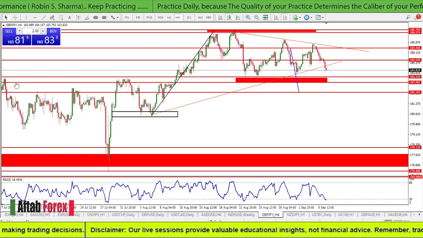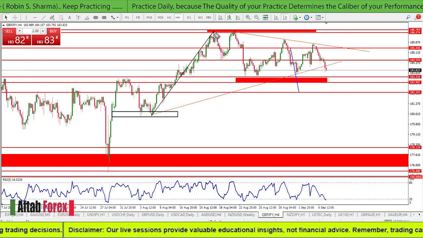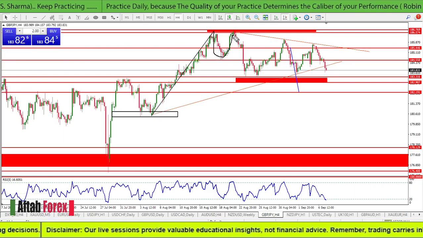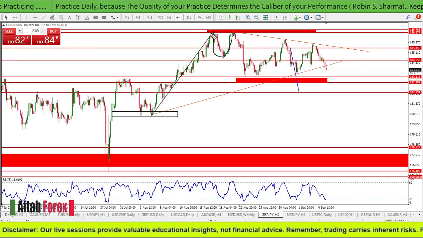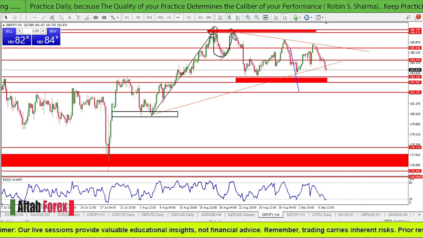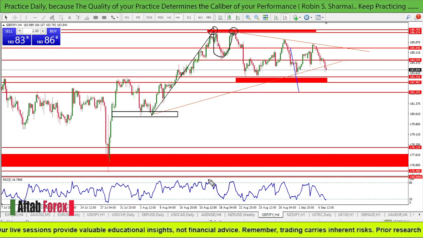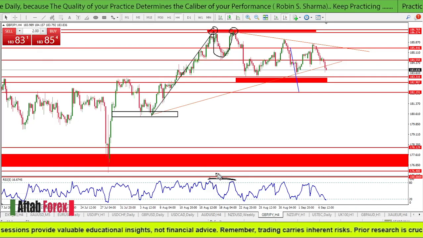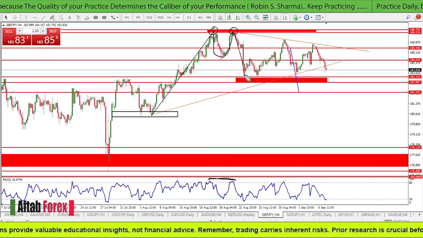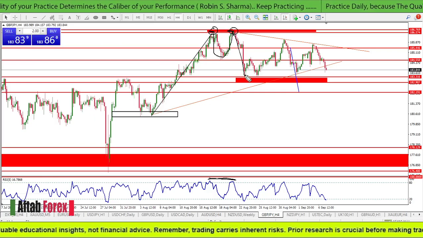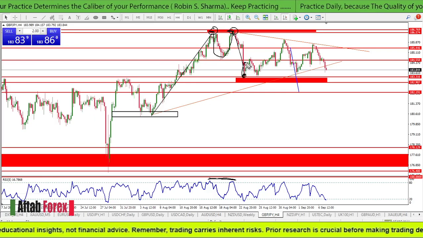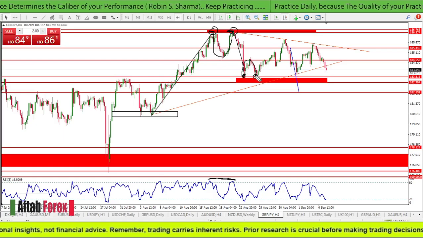This impulsive wave was almost followed by a double top up there as well, and after this double top right here, if you see, we have got a very nice divergence as well, and the drop. After the drop, this story started on a double top and now it ended on a double bottom right here.